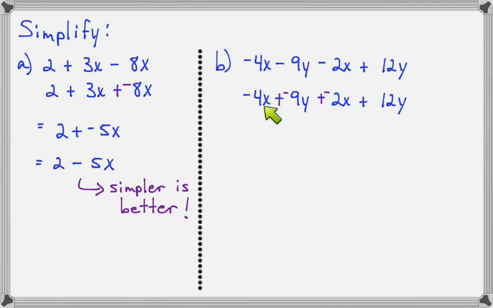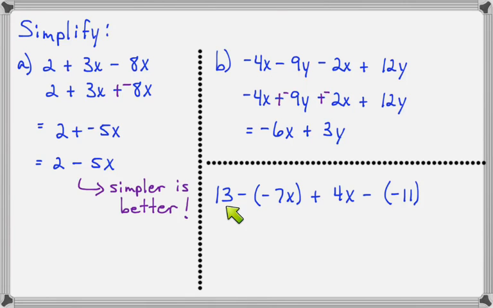Now let's combine like terms. I have a negative 4x and a negative 2x. Those are both negative, so we will add them and use their sign. On the y terms, I have negative 9y and positive 12y. Those are different signs, so I will subtract them and use the sign of the larger number. That was positive, so I just wrote plus 3y.